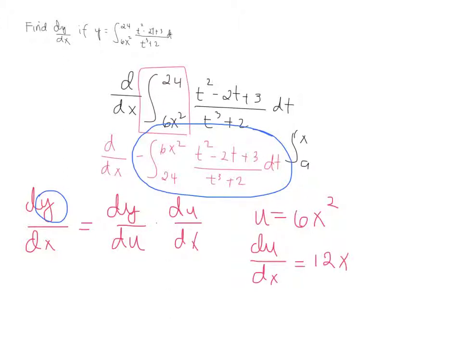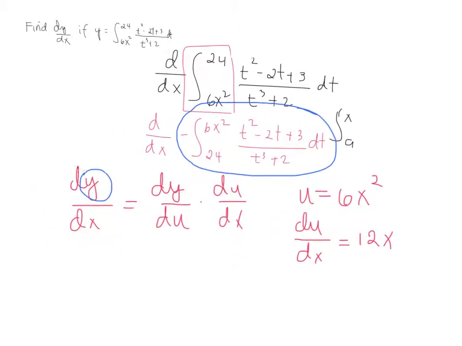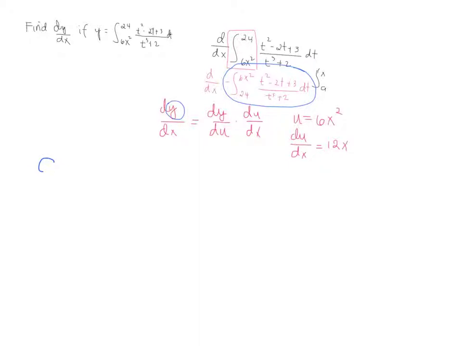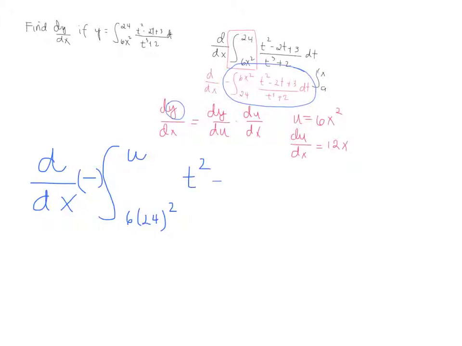So if we replace 6x squared by u, it will be transformed into the derivative with respect to x of the negative integral, not minus but negative, from 24 to u of t squared minus 2t plus 3 over t cubed plus 2 dt.